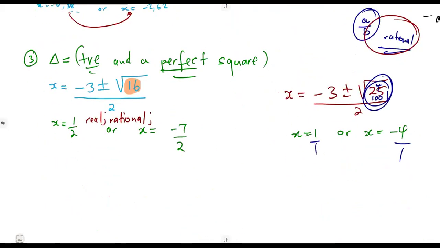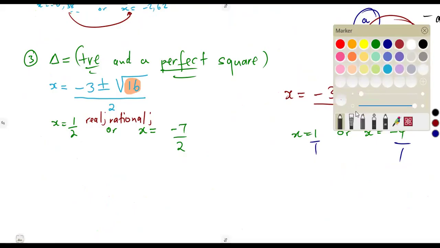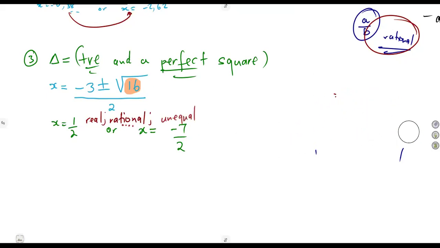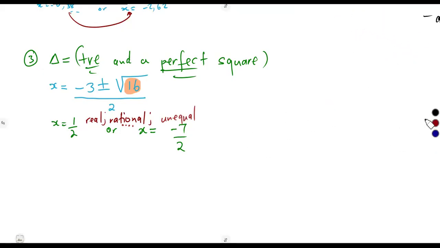This time, they are unequal. The only thing that they are sharing is the rational part, but they are unequal. This is the condition of a perfect square, what it gives us at the end.